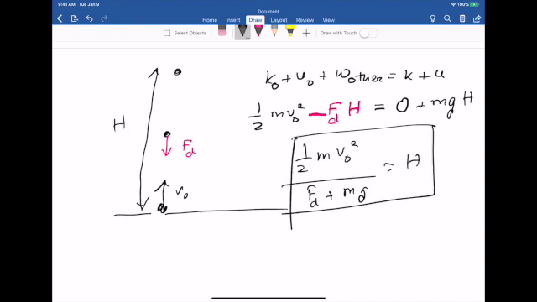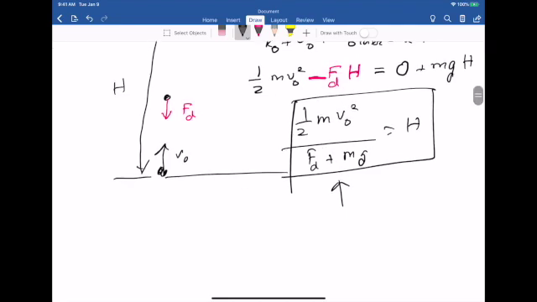So you know how high it's going to rise, and you can clearly see from here that the answer will be less than before, because the denominator is larger. If you plug in the numbers, you'll find that h in this case is 4.06 meters. All right, so we're done with the second part.